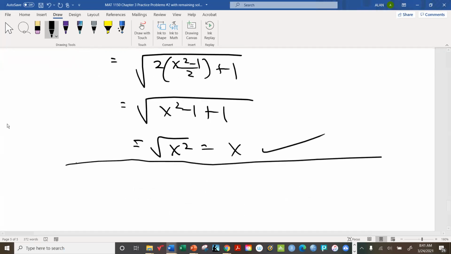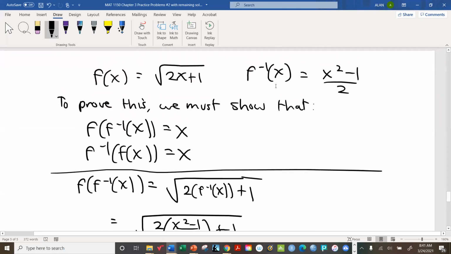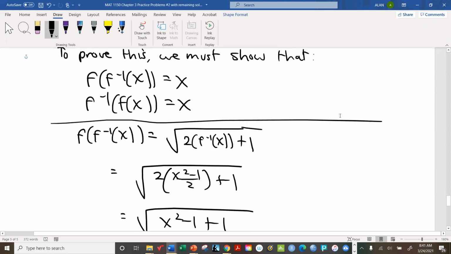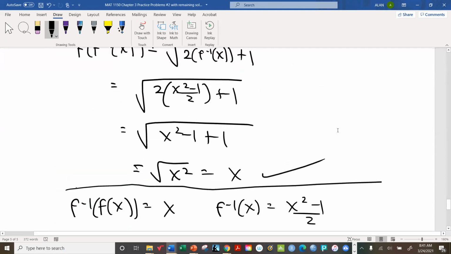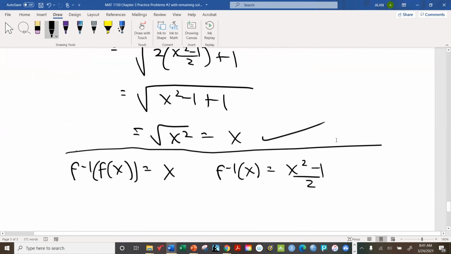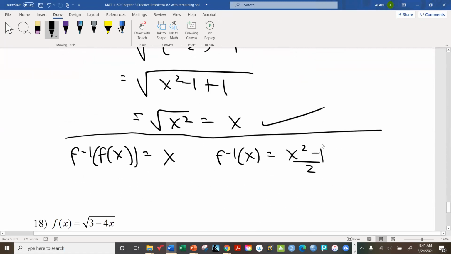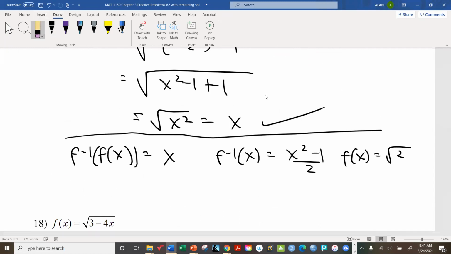So then let's try the opposite condition, f minus 1 of f of x equals x. So f inverse was right here. Let's see, it's x squared minus 1 over 2. f of x is the square root of 2x plus 1.